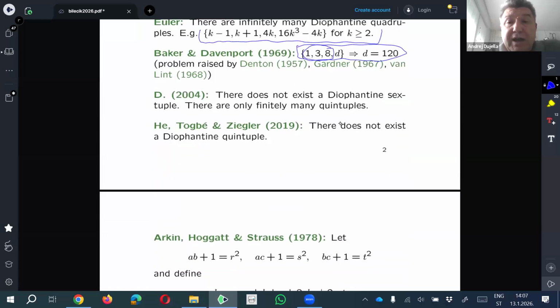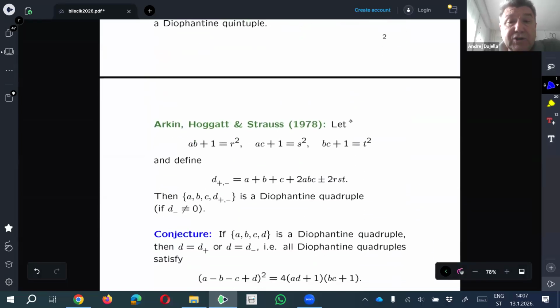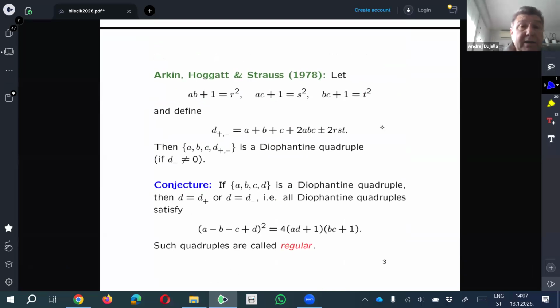So first we should say what 120 is in the general situation, and Arkin, Hoggatt, and Strauss provide the answer. If we start with the triple a, b, c, which is good, meaning the product plus 1 is a square, then we can define quantities which I denote by d plus and d minus, and it is easy to show that a, b, c can be extended to a quadruple by d plus, and also by d minus if d minus is not 0.